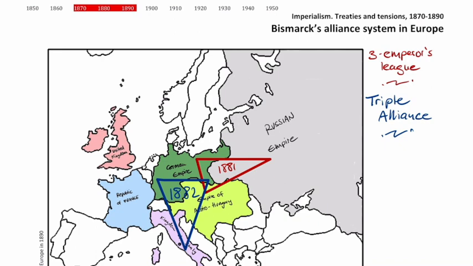The Russian fear of being isolated as well was addressed by Bismarck when he formed a special alliance between the Russian Empire and the German Empire, and that was the Reinsurance Treaty. So to reinsure that those countries were friends and would stay close to each other.